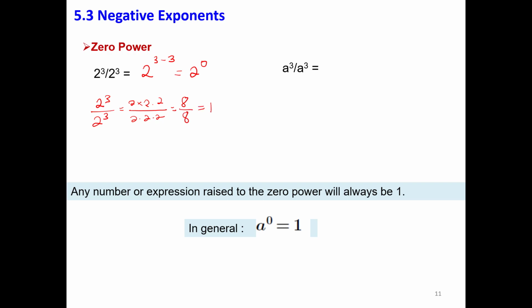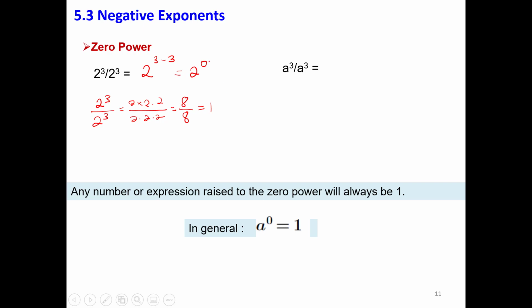And what we can conclude from these two solutions is that 2 to the third divided by 2 to the third equals 2 to the 0, but also 2 to the third divided by 2 to the third equals 1.